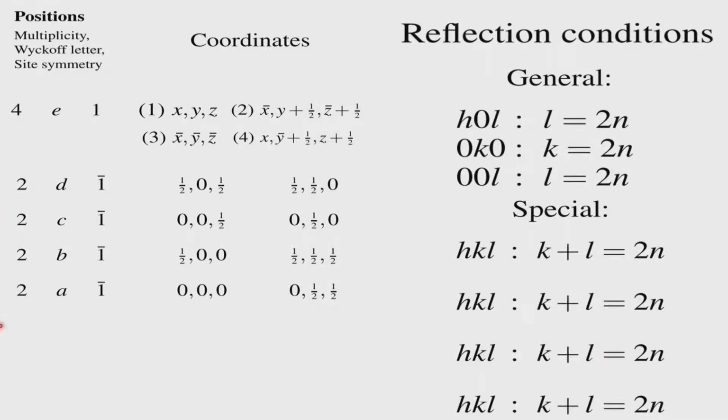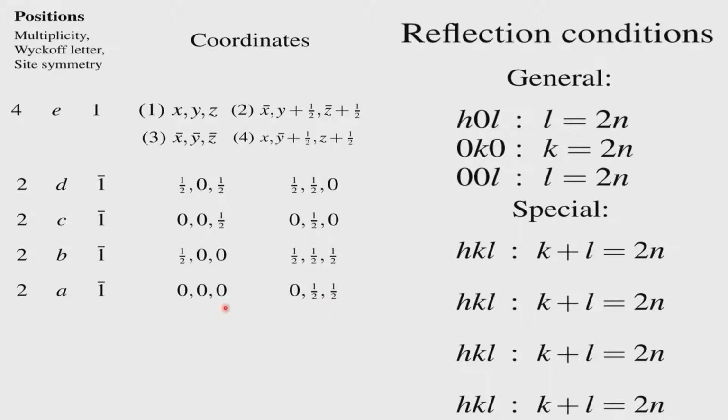It has special positions, and these special positions are associated with the centers of symmetry. But what happens when these are associated with the center of symmetry is that the value of Z also becomes special, in the sense it is now either half or 0, and then half or 0, 0 or half.